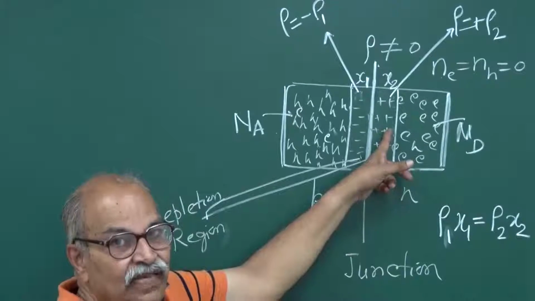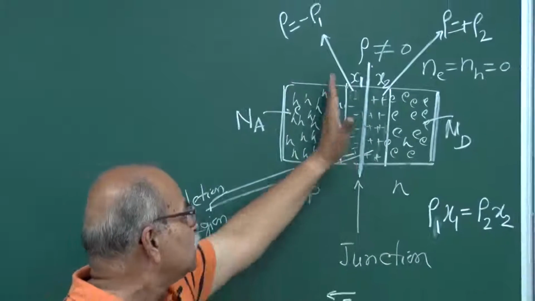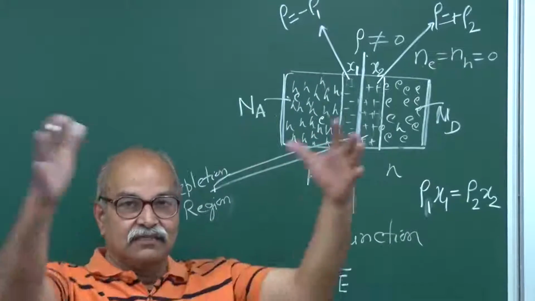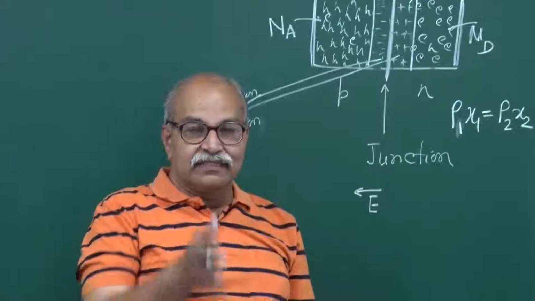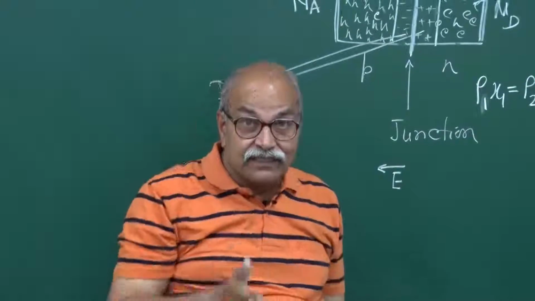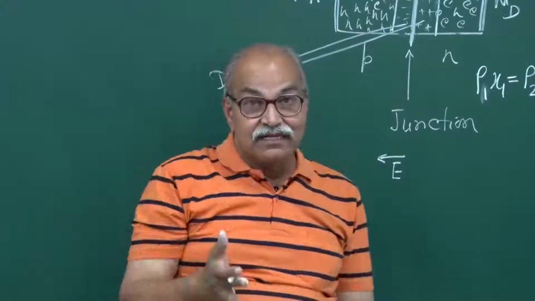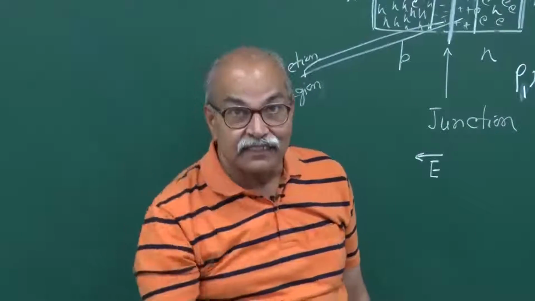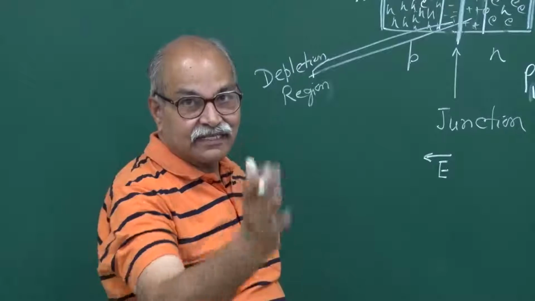And when I am drawing this line, you understand it's a plane, it's a planar area. You have this semiconductor material, and the junction is a plane layer. On one side you have P, one side you have N. So I am drawing a line, it is in fact a surface area.